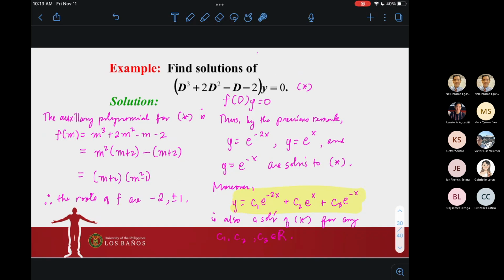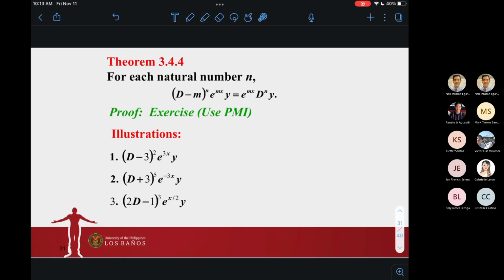Okay, now we have this, but we have another pair of theorems here that will give us more insights on how to solve homogeneous differential equations involving an auxiliary polynomial. And prime to that is theorem 3.4.4, which sort of gives us a way on how to work with operators of the form (D - m)^n, where m is a constant.